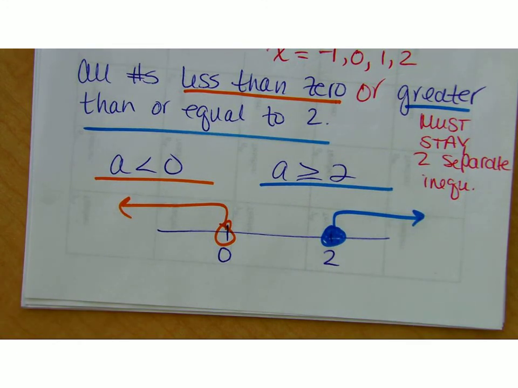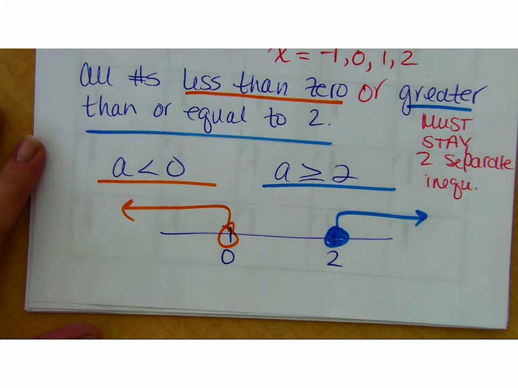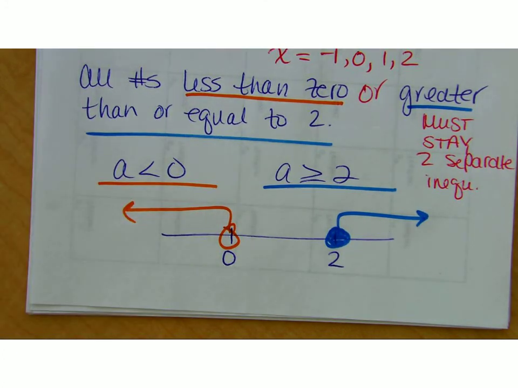There's only 2 numbers that you can't say, right? If I say, give me a number greater than or equal to 2 or less than 0, every number would work except what? 0 and 1. Why not 0? Because it's not colored in. Why not 1? Look at where the blue line is.